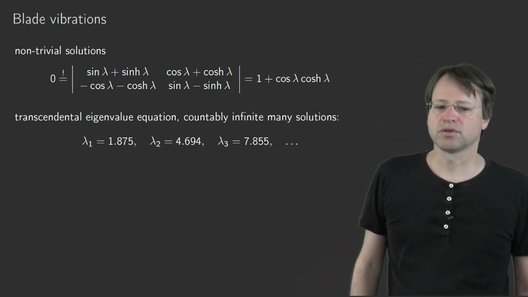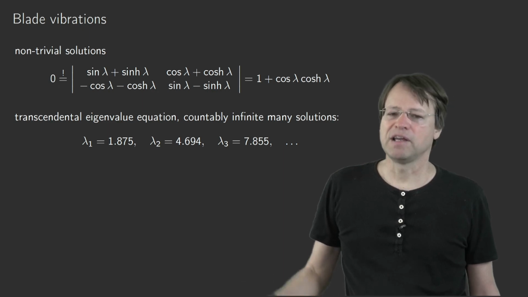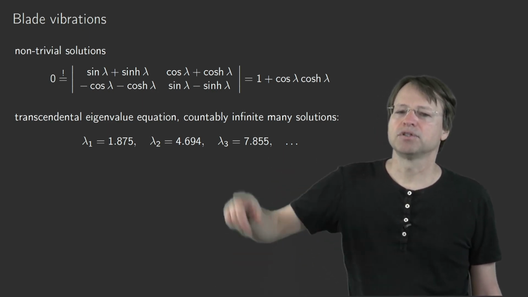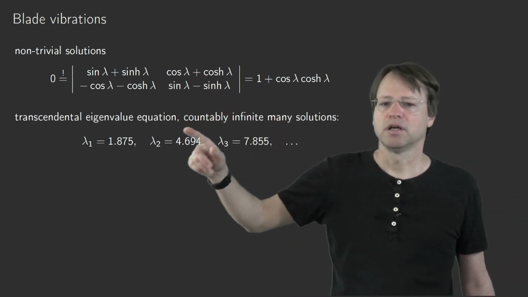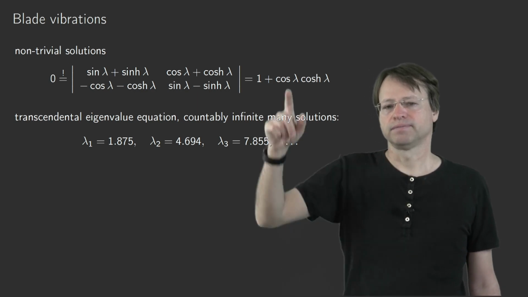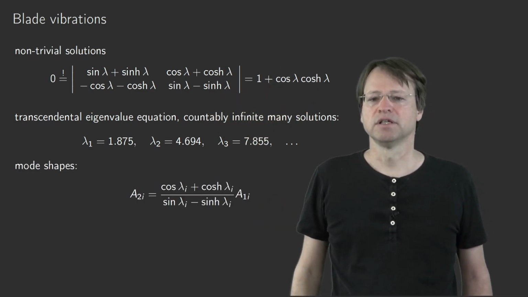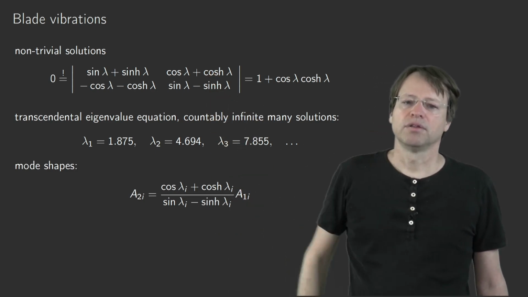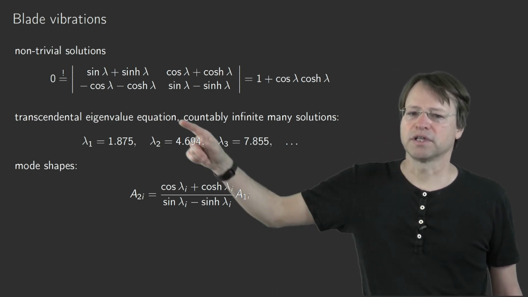the eigenfunctions, so the mode shapes, have to be obtained by relating the 2 integration constants. Well, this can be seen from one of the 2 equations. If that determinant vanishes, these 2 equations become linearly dependent. So we take one of the equations, for example, the first one. No, I think I took the second one.